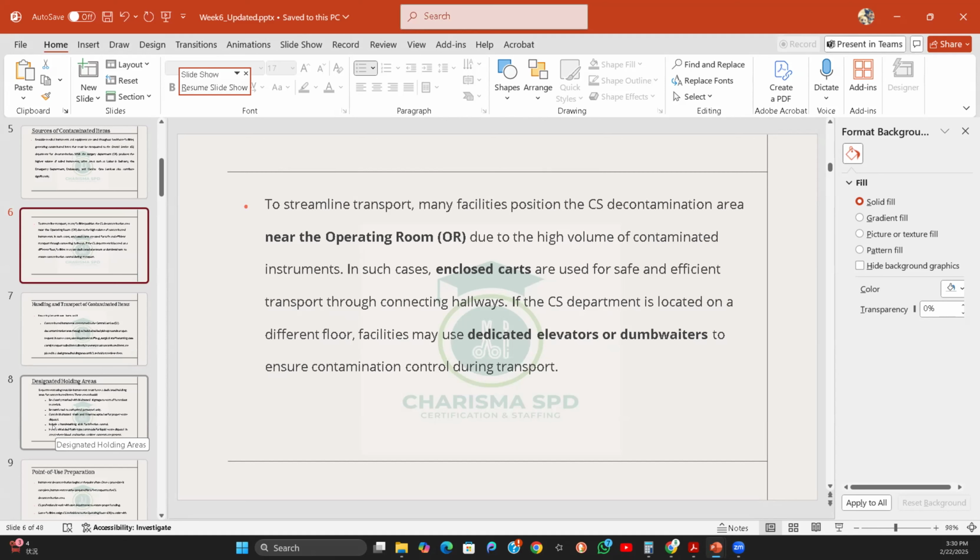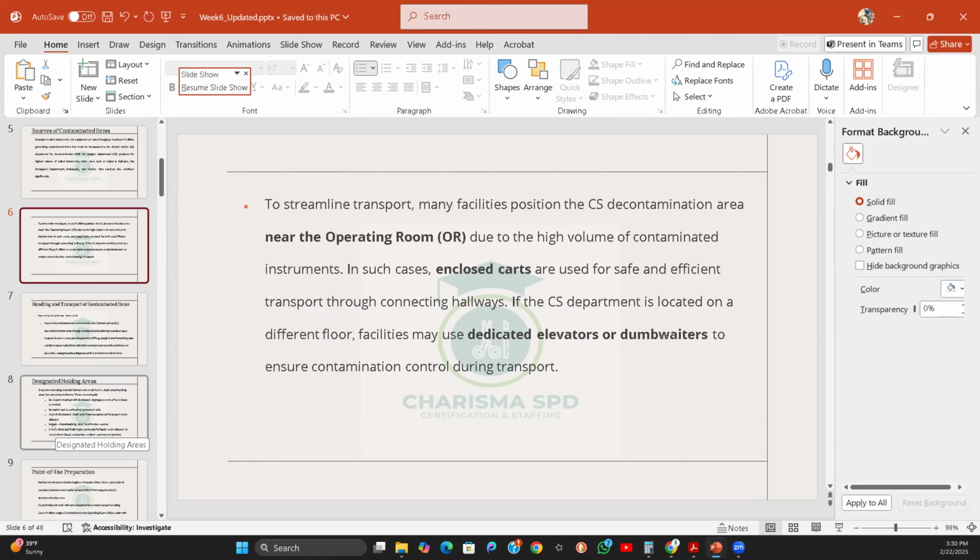However, you could find a facility where the department is remote, or located on a different floor, or very far away from the OR, and for that matter you have to travel a certain distance to be able to transport them.